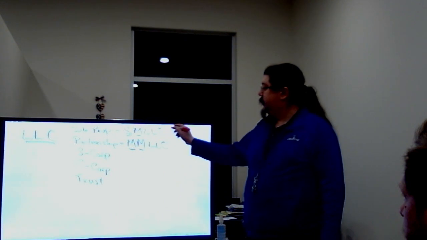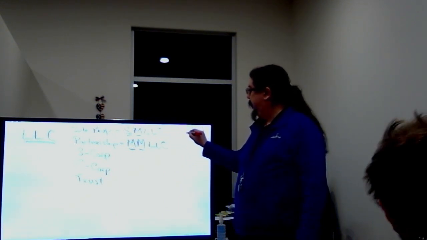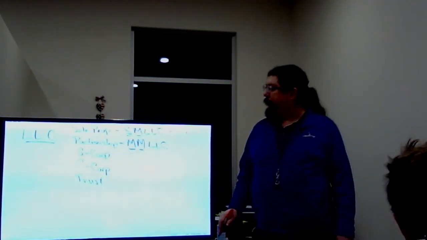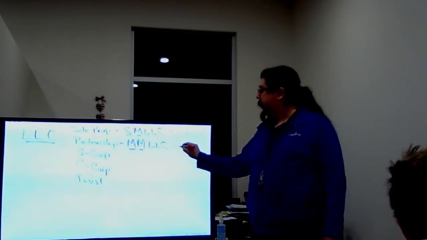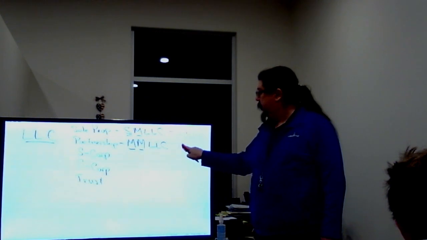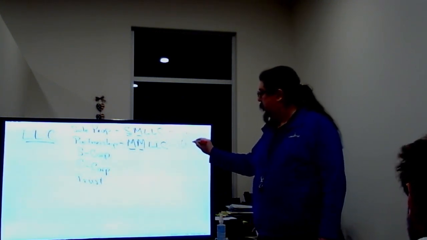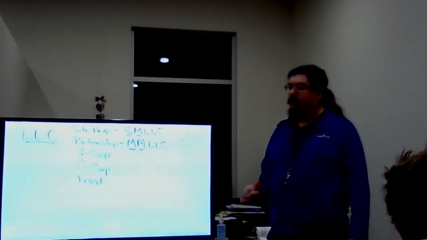Okay. So a sole proprietor, also a single member LLC, files Schedule C as part of their 1040. A multiple member LLC will file Form 1065, and it produces a K-1, which goes out to each of the partners.